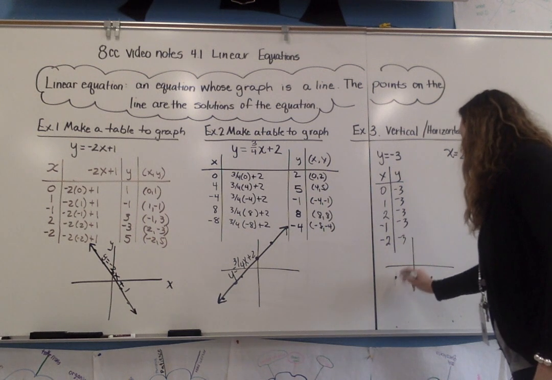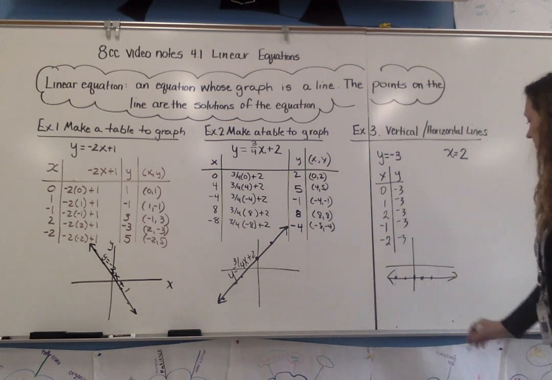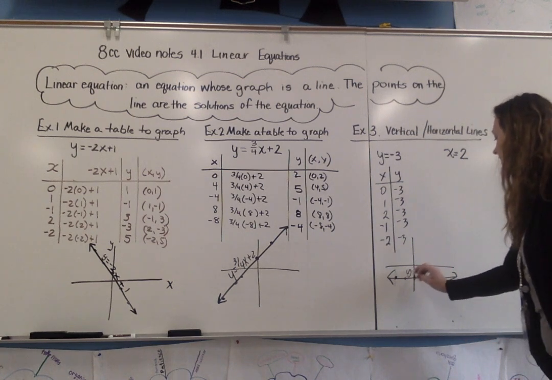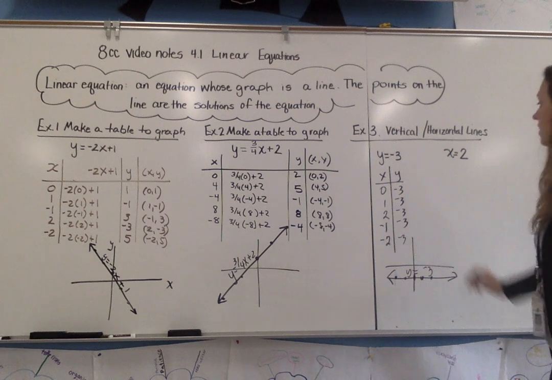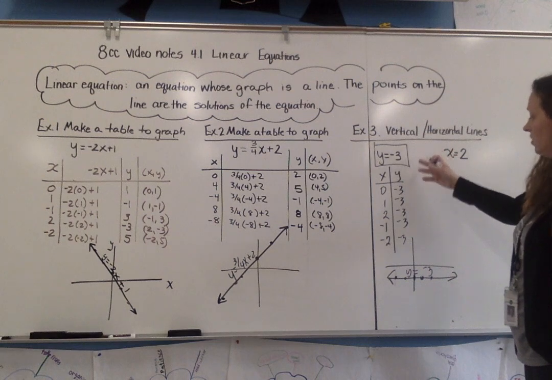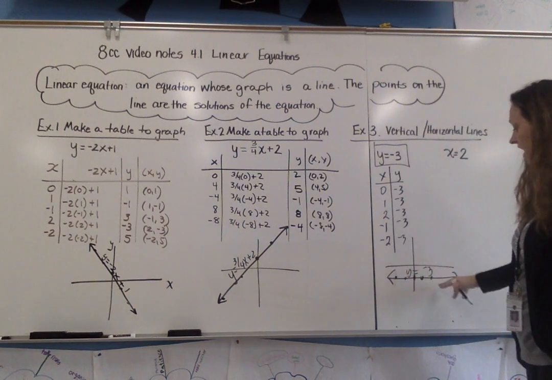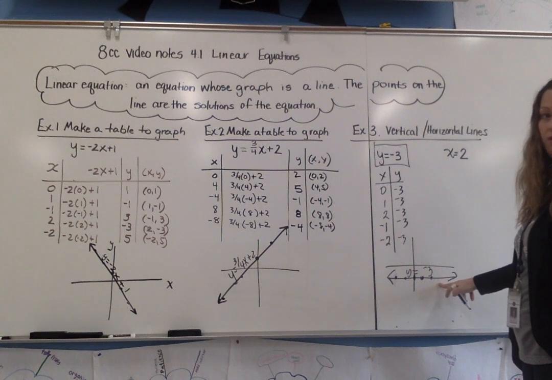Hey, guess what happens? When y is -3, that ends up being a horizontal line. So if you are given y equals a value, you know it's going to be horizontal because all the points have to be on -3, creating a horizontal line.